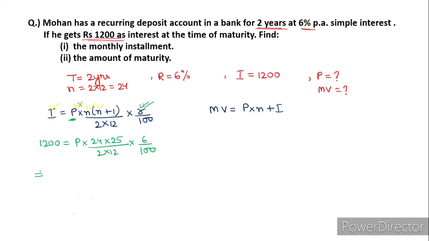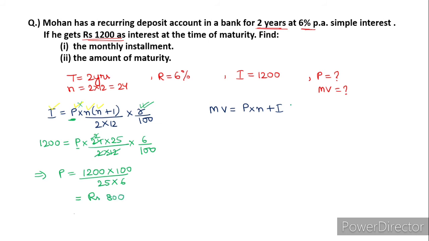You have only one unknown variable, that is P. Find out P. So P is equal to 1200 into 100 by 25 into 6. After solving this, you will get P is equal to rupees 800.